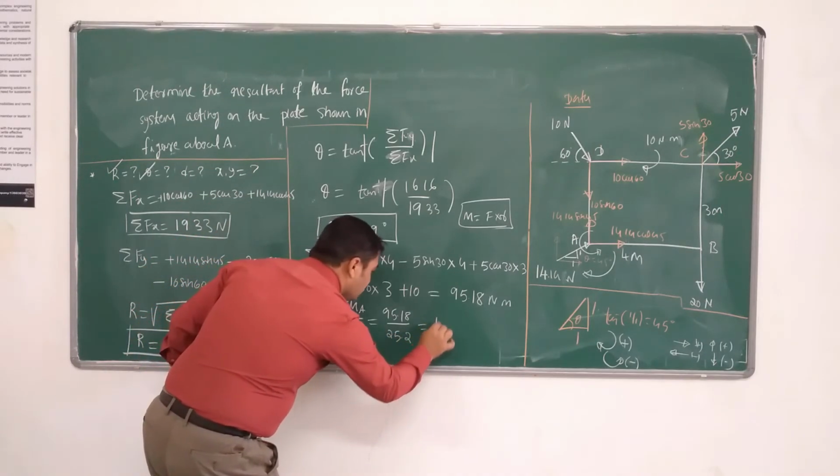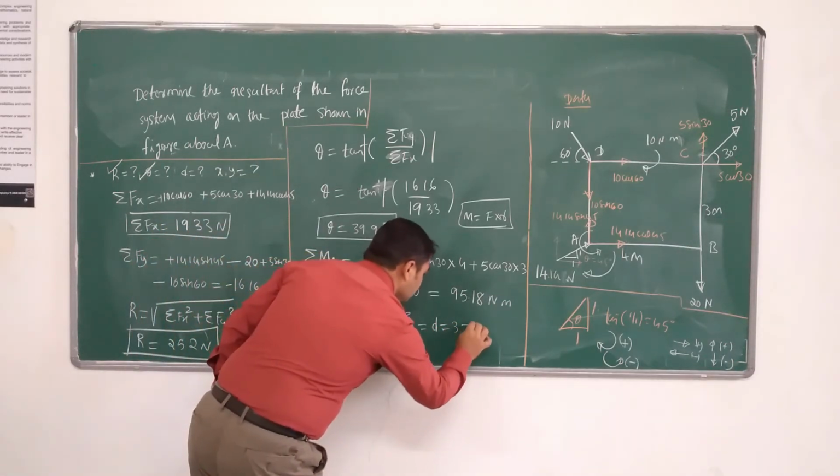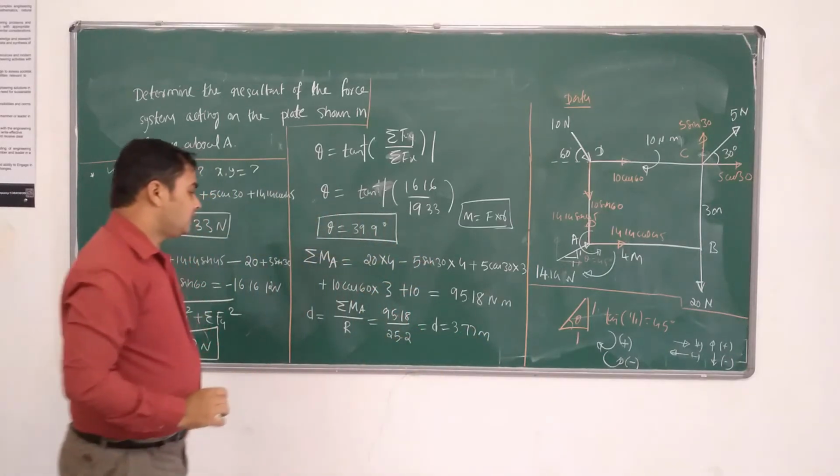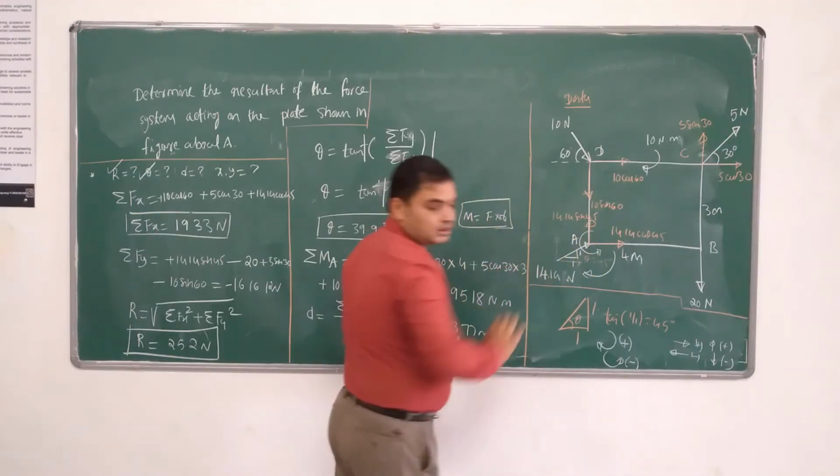So D is equal to 3.77 meter. That means the resultant force lies at a distance of 3.77 meter from the point A.